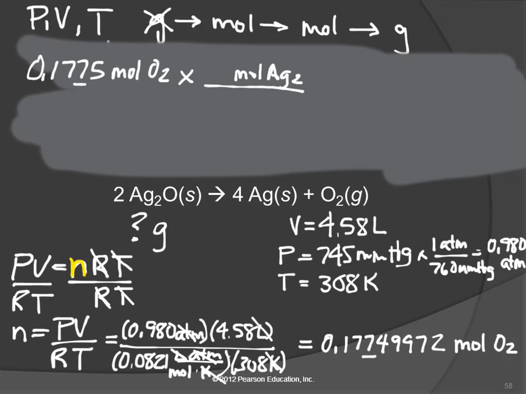And then what goes on the bottom? Moles of O2. See, then those units cancel out. And here's my path that I left up here: moles of O2 to moles of Ag2O to grams. So over here, this is grams of Ag2O. And then what goes in the bottom? Moles of Ag2O.